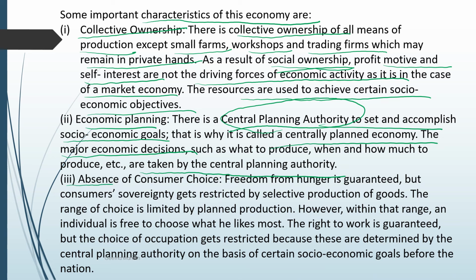And there is the absence of consumer choice. The freedom from hunger is guaranteed, but consumer sovereignty gets restricted by the selective production of goods and services by the socialistic economy. The range of choice is limited by the planned production.